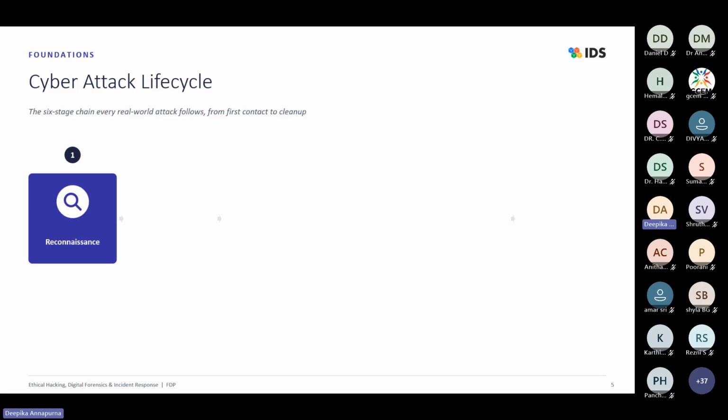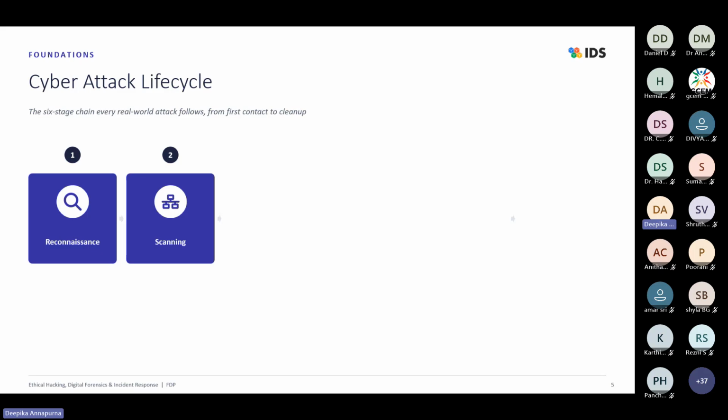They look at the company website, the LinkedIn profiles of the employees, or if they are targeting some private MNC, they will check the GitHub repositories for anything posted publicly online, and emails of the employees which are available in public. So organizations should be very careful while revealing public information. The first stage is called reconnaissance, that is gathering of information.